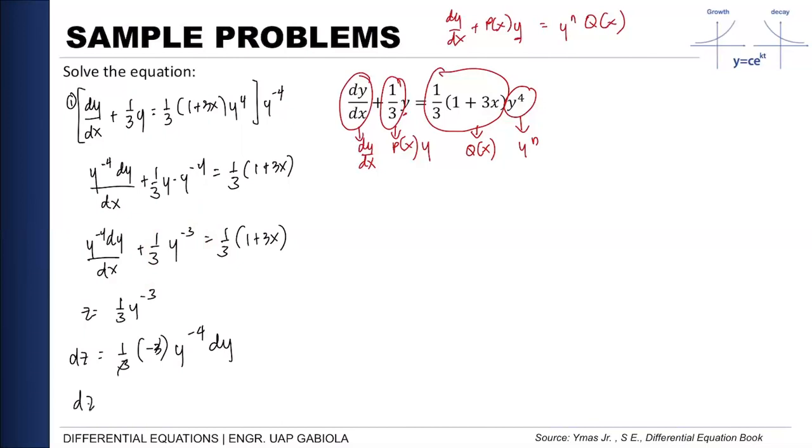This is dz is equals to y negative 4 dy, which is exactly equal to this. So we can represent that as dz. So now it becomes dz over dx plus z is equals to 1/3 (1 plus 3x). Now it is linear in z.